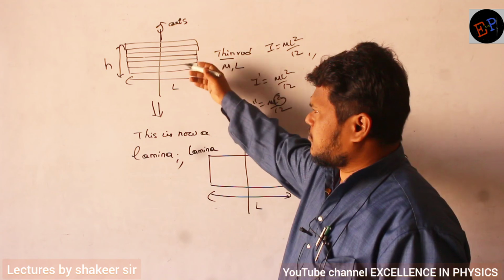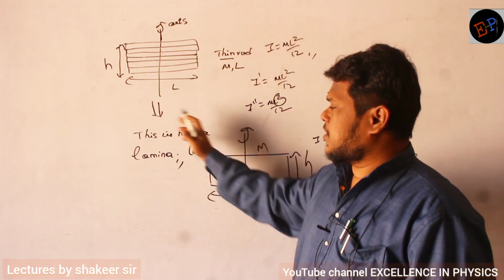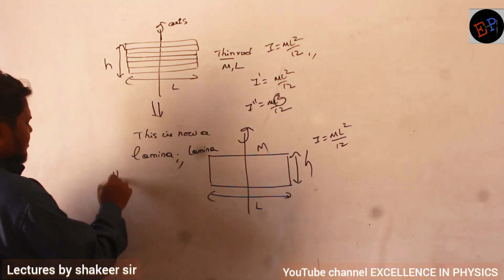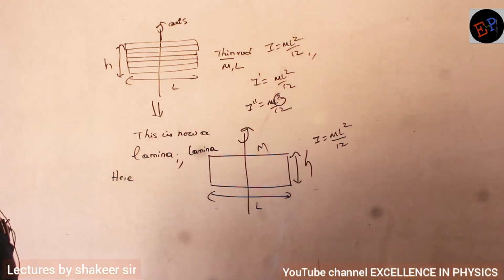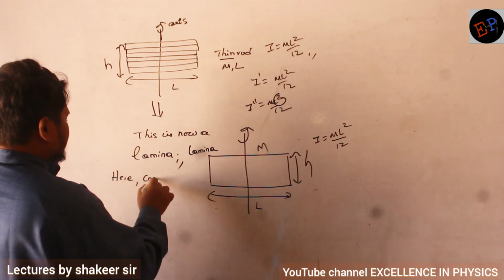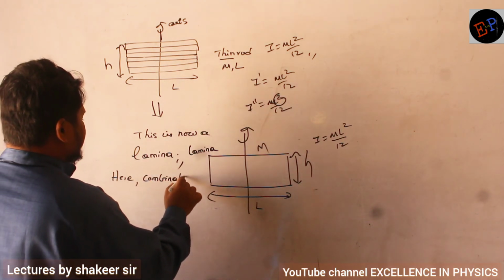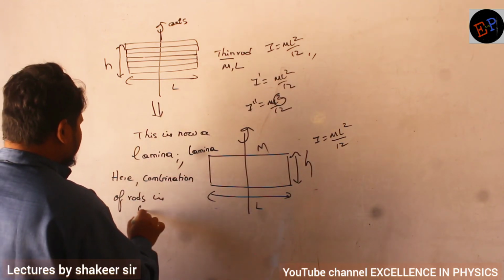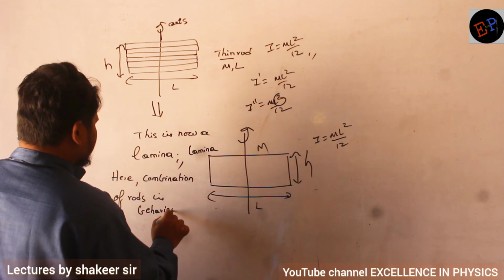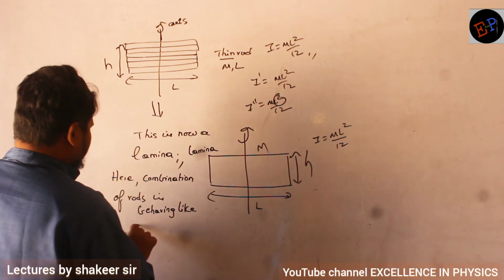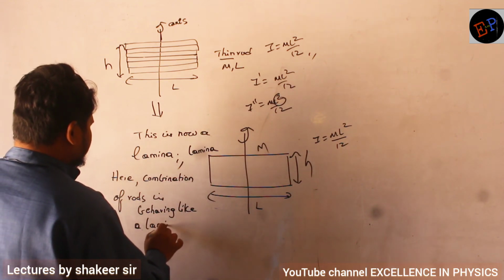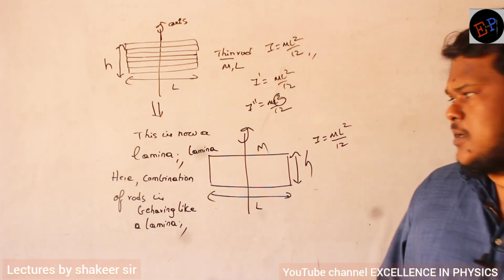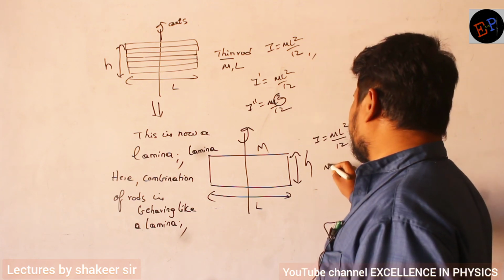So this body, this combination of rods, is behaving like a lamina. And what is the other note point I have to take?